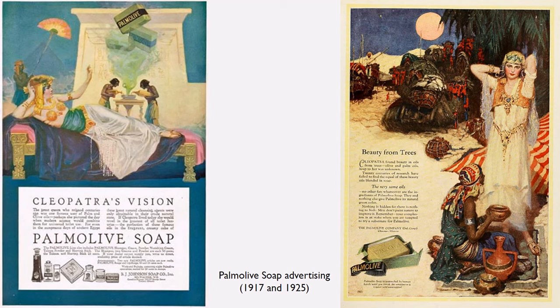And these gradually, as we get through the 20th century and into the 50s, 60s, get smaller and smaller, get in the corner of the advert, but essentially the text remains the same. If you use Palmolive soap, which is made from natural palm oil from Egypt, you will be as beautiful and seductive as Cleopatra.